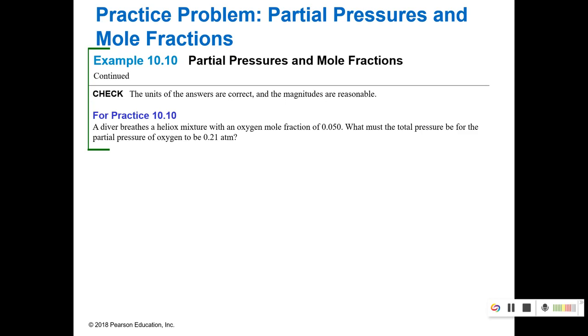Okay, we've got mole fractions, we've got a partial pressure of oxygen. Say the oxygen mole fraction is 0.05. What's the total pressure if the partial pressure for oxygen is 0.21 atmospheres? So remember, P total is equal to X of oxygen times P of oxygen. Sorry, that's wrong. P total's over here. Yeah, there we go. That looks better. So I need to switch my P total and oxygen pressure spots.